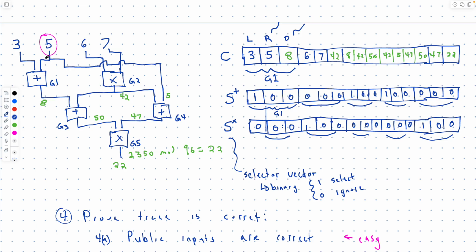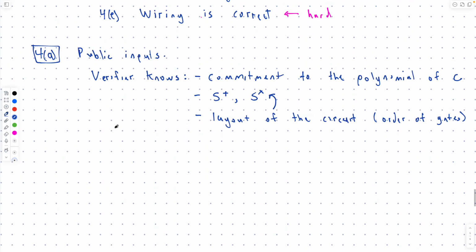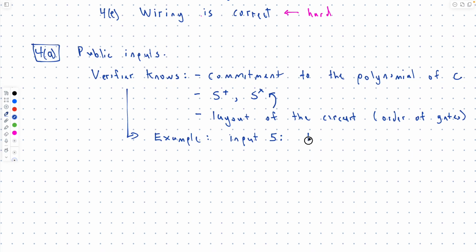So I'd say, well, 5 is the right input to G1. Okay? So I'll write an example here. Input 5 is the right input in G1.